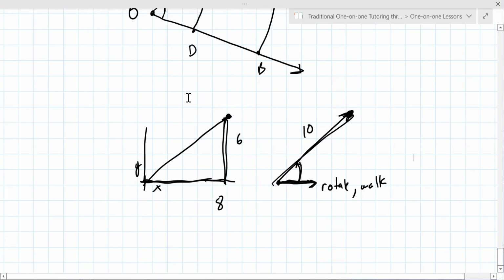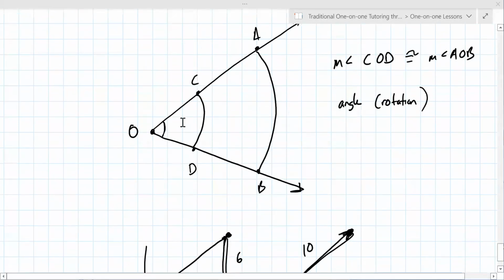For example, with that one above, going from C to D and then A to B, the angle rotation is the same, but the distance you walk is obviously longer.